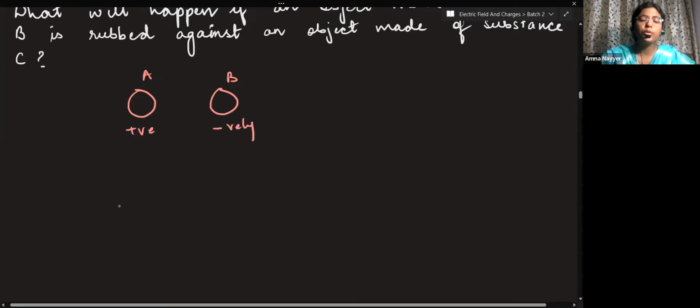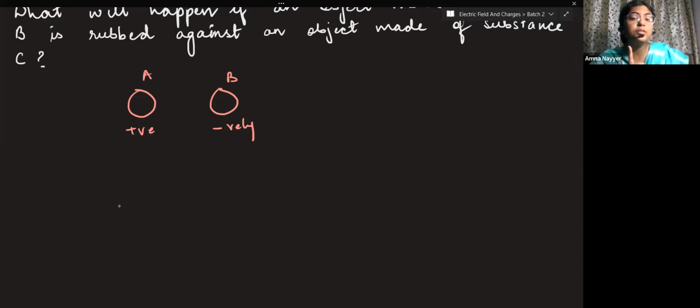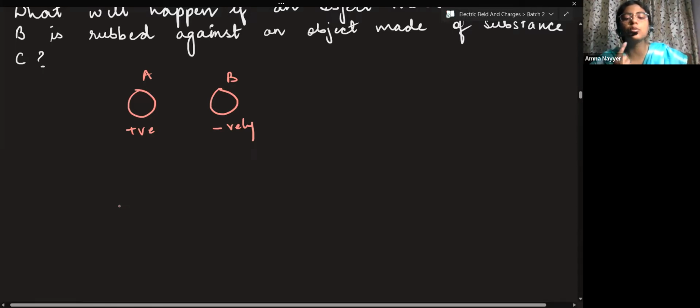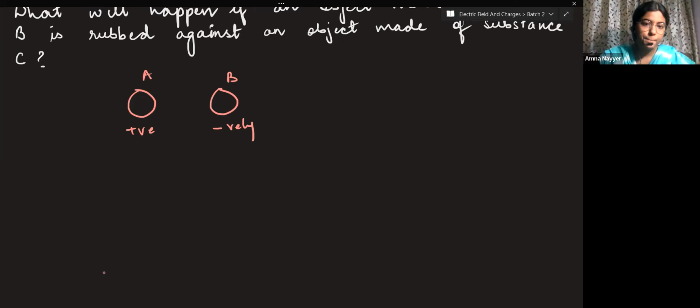So write me, if A is positively charged and B is negatively charged, in which body are the electrons weakly bound? From which is electron removal easier? Yes, Krishna, Kulsum. See, A will be weakly bound, because A is positive.